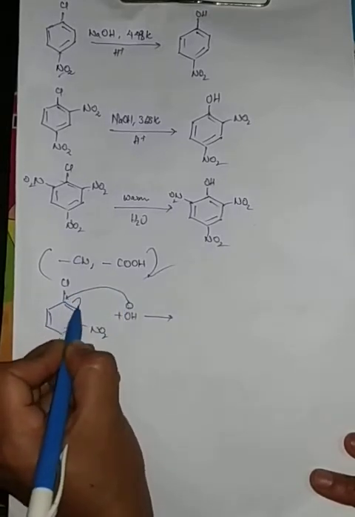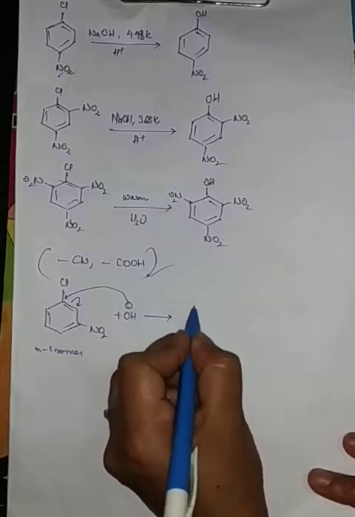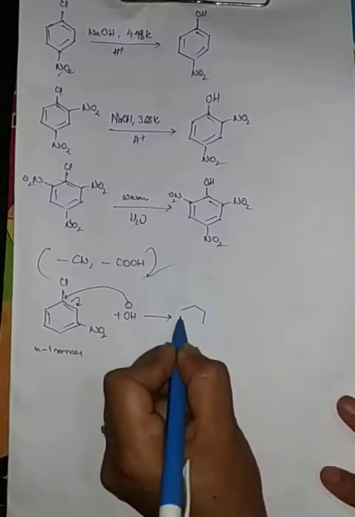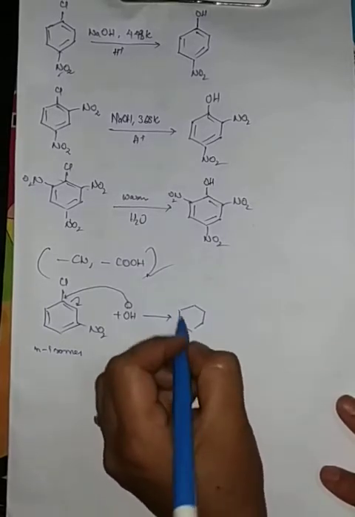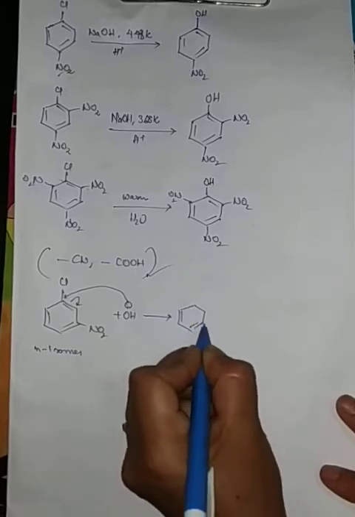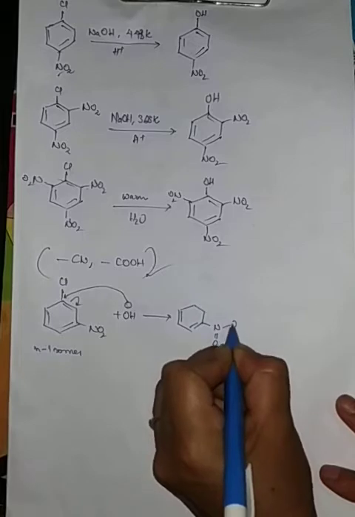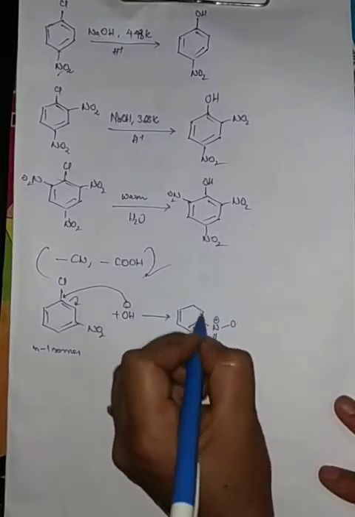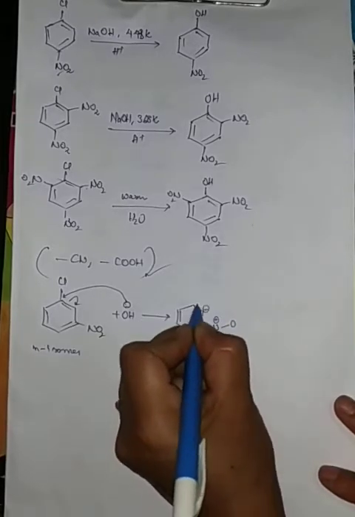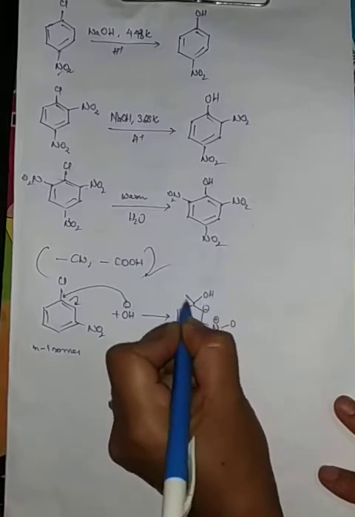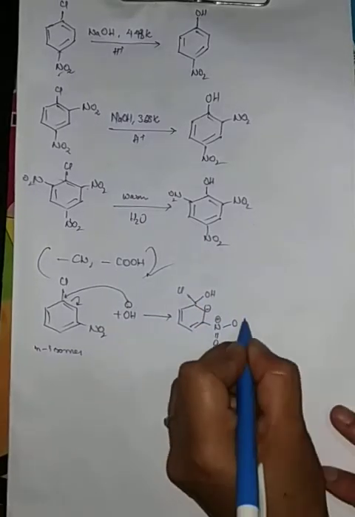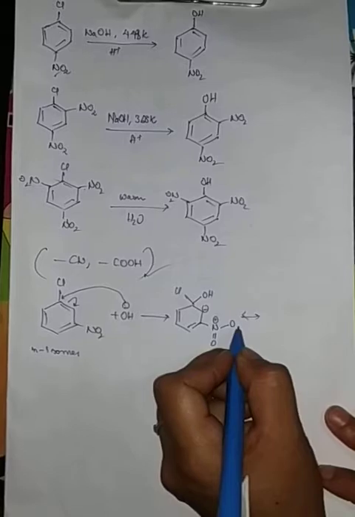Now this causes the electron pair shift, and then we'll be getting here our... let me open the structure. And the negative charge would be here, our OH is attached here, Cl is here. Now the second resonating structure we can check here.